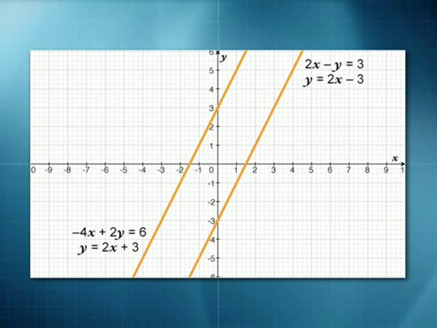The other equation was minus 4x plus 2y equals 6, and in slope-intercept form, that reduces to y equals 2x plus 3. Well, what do you notice about these two lines? They have the same slope, the slope's 2, but they have different y-intercepts, don't they? One of them is minus 3, one of them is plus 3. In other words, these are parallel lines. They don't intersect, and hence there's no solution. There's no common point on these two lines.